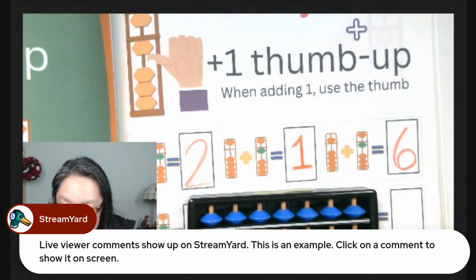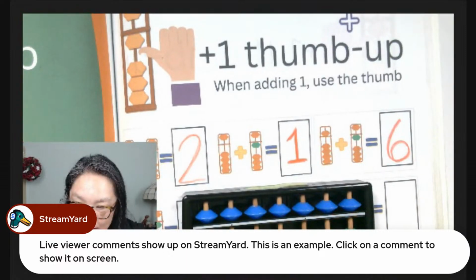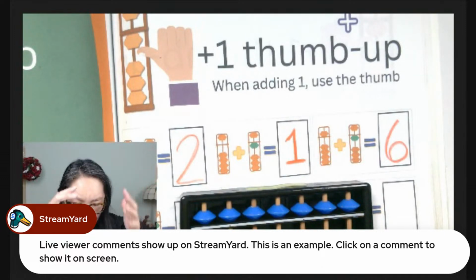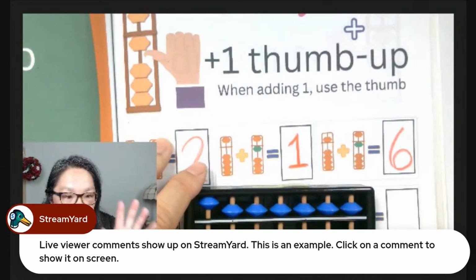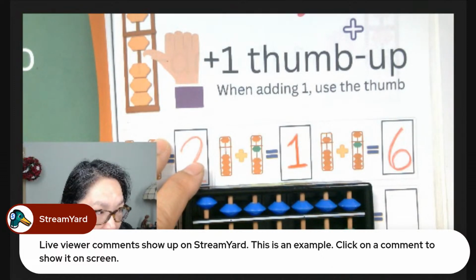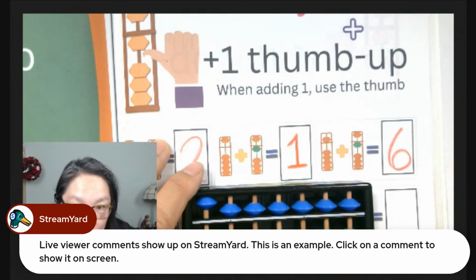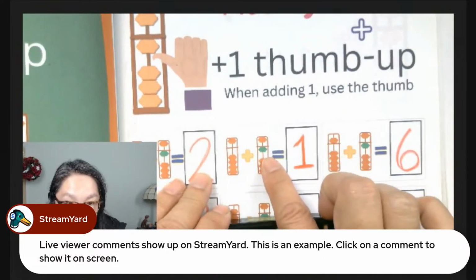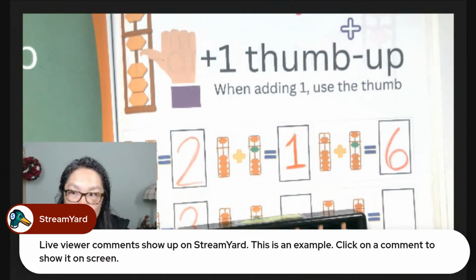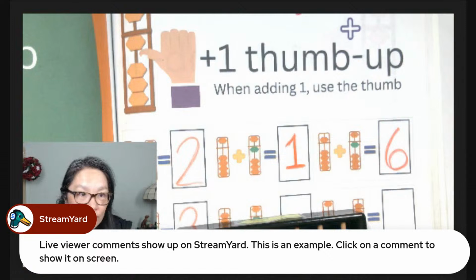Why? Because in school, we were always teaching the kids, let's make a 9. How do you make a 9? A 9 is a 1 and an 8. No. In abacus, we don't focus on the result. What we focus on is the add-in, the number that we're adding to. It's about the process. You marry the process and you divorce the result.